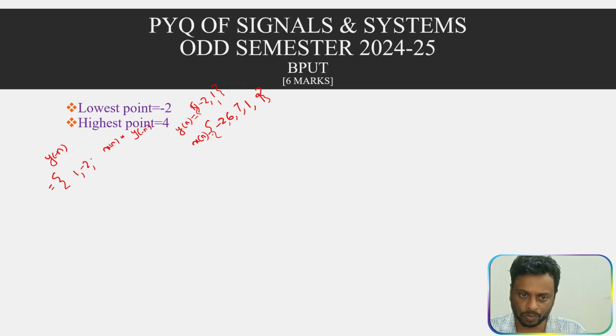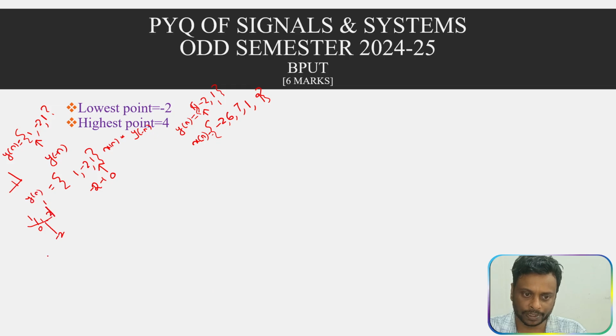The sequence 1, minus 2, 1 will be folded about the time origin, so the sequence will be on the left side. Y of n is 1 at 0, minus 2 at 1, and 1 at 2. This is our y of n.